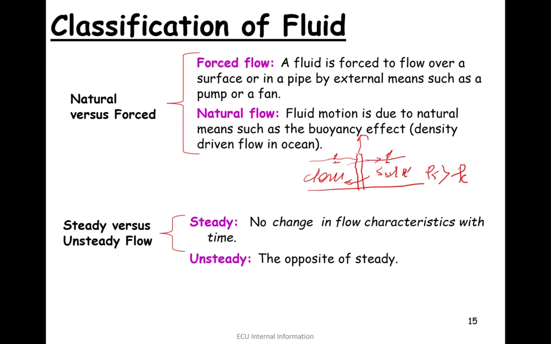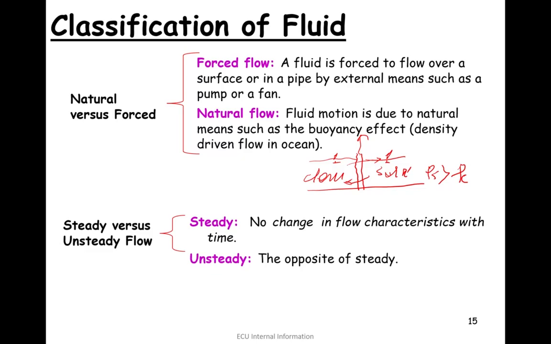In that case, the motion is called natural flow. Considering a river joining an ocean, the river normally has clean water, and at the ocean entrance there are two flows of different density, so the motion takes place naturally. This is called natural flow.